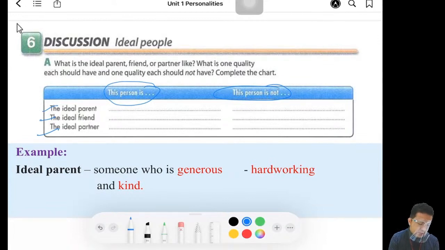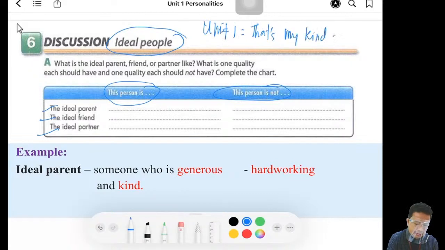And the last one is your ideal partner. So what you're going to do is, in your notebook, please copy the title, which is Ideal People, and write at the top, Unit 1, That's My Kind of Friend.